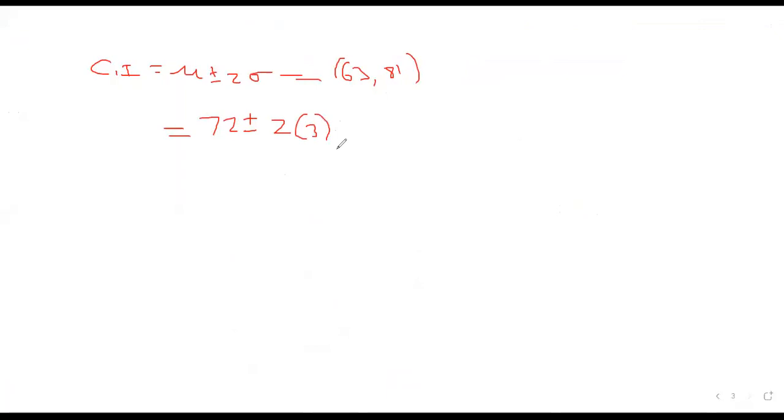So this should give us 63 or 81. If you're using the minus, the 63 must be equal to 72 minus z, and we have a 3. Here we're going to use just a minus because it's a lower bound.